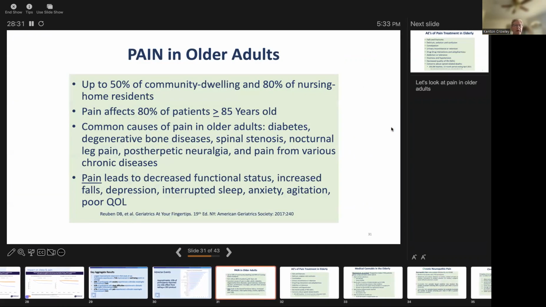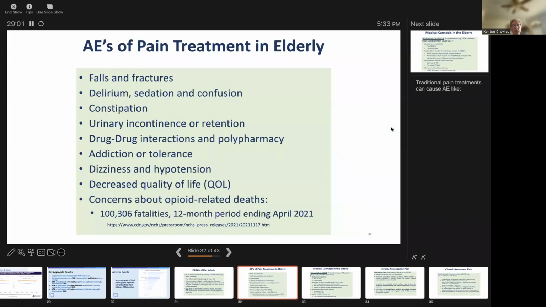So let's look at pain in older adults. Up to 50% of community dwelling and 80% of nursing home residents complain of pain. Pain affects 80% of patients greater than 85 years old. The common causes of pain we're all familiar with. Pain leads to decreased functional status, increased falls, depression, anxiety, agitation, interrupted sleep, and poor quality of life.